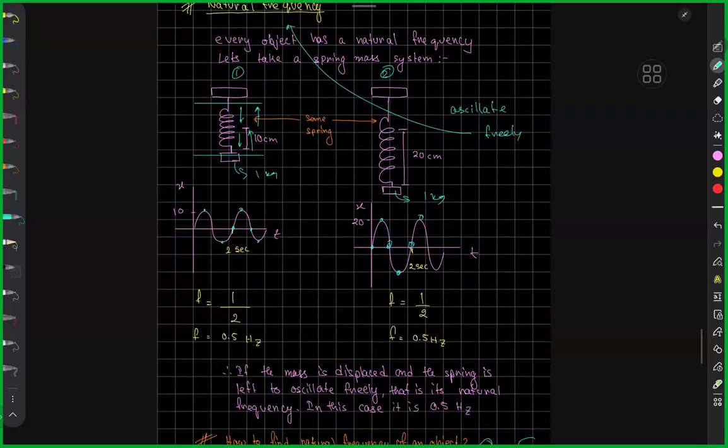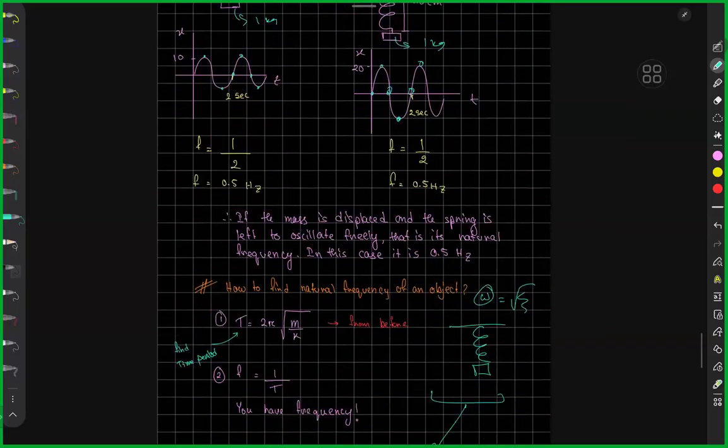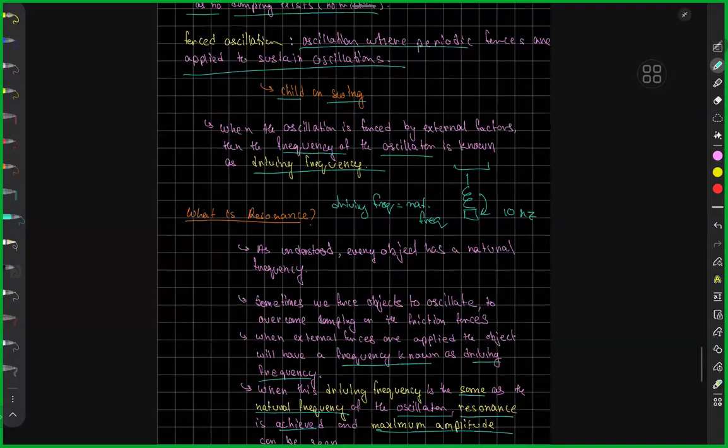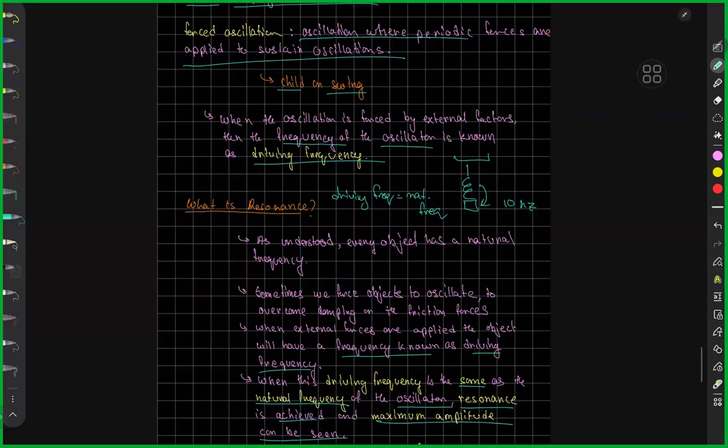When you are higher than the natural frequency, resonance is also not achieved. It is exactly at the natural frequency that resonance is achieved and maximum amplitude can be seen. Otherwise, resonance is not achieved.